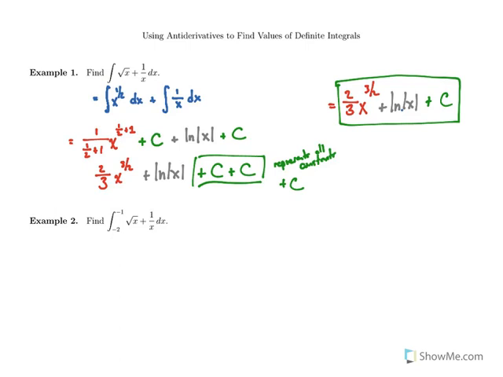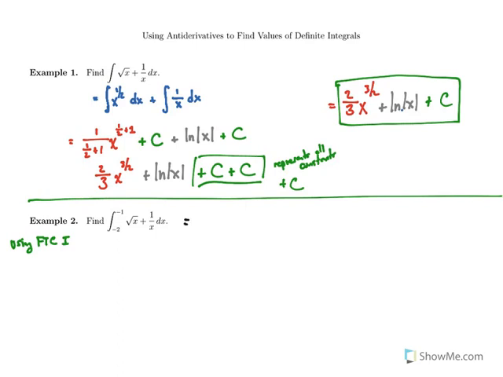All right, if we think about the definite integral, same function here, the first step using the fundamental theorem of calculus is to find an antiderivative of this function. So I need to write 2/3 x to the 3/2 plus natural log of absolute value of x evaluated from -2 to -1.